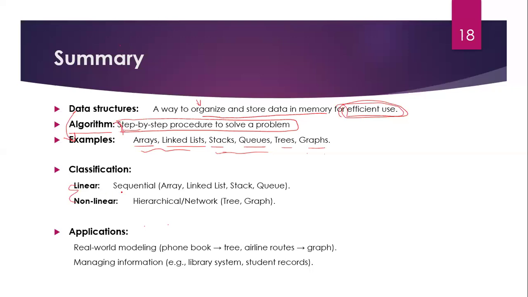Linear means it stores the data in a sequential manner. We can say array, linked list, stack, queue as examples. Non-linear is without a sequential manner; we use a hierarchical or network manner for storing data. We can give tree and graph as examples.